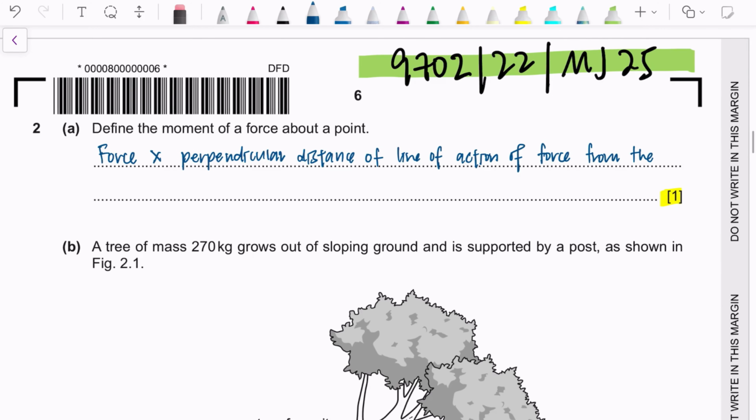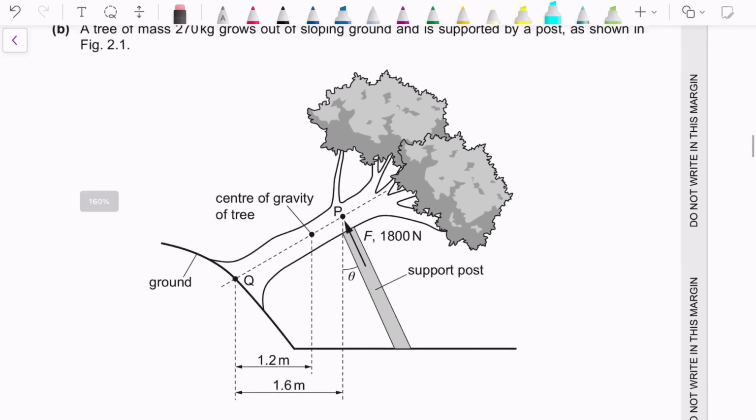In simple words, from the point means from the pivot. So the key word in this definition is perpendicular. It is important to have the word perpendicular distance, because when it comes to moments in your calculation, you have to find the perpendicular distance, and you'll understand more when I explain question B.